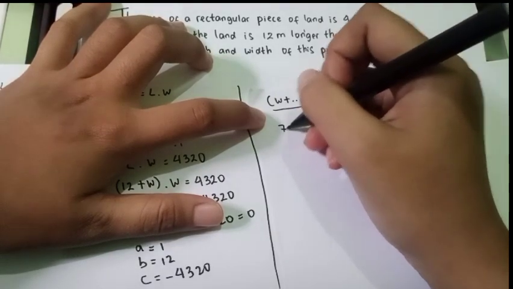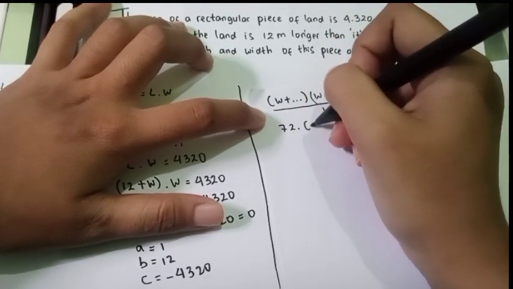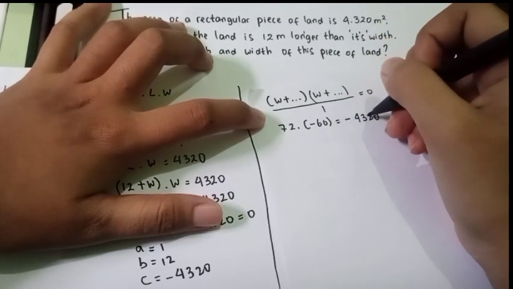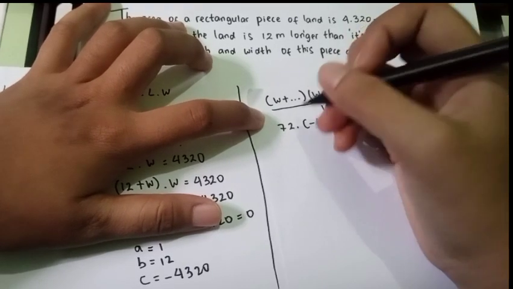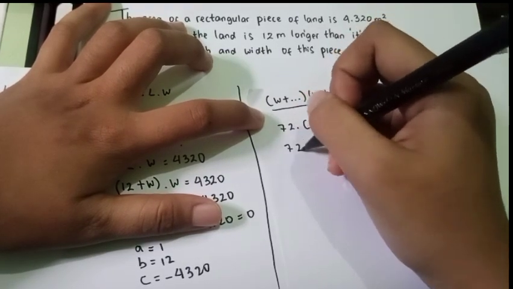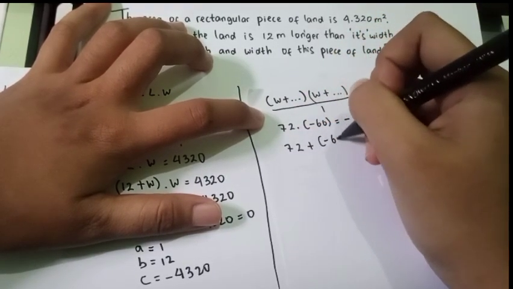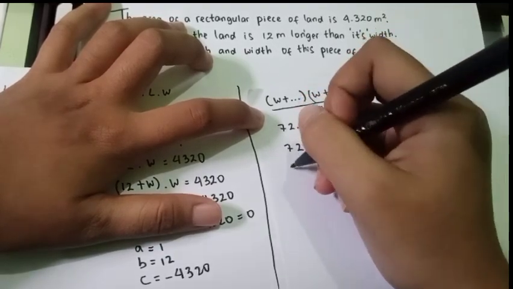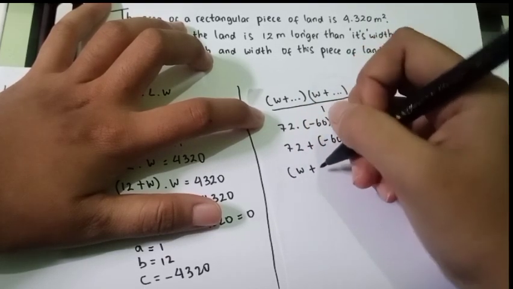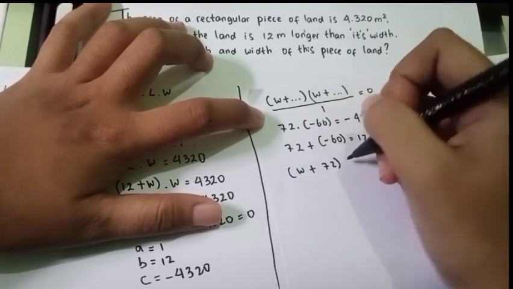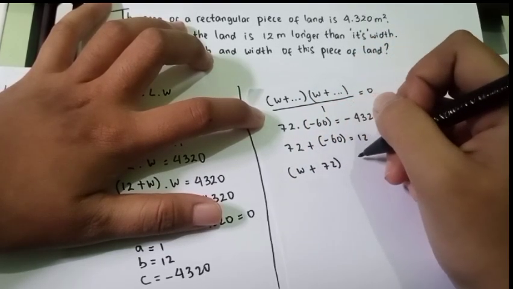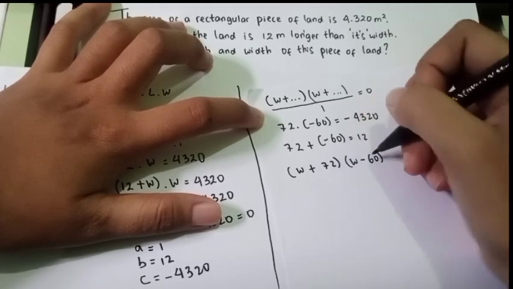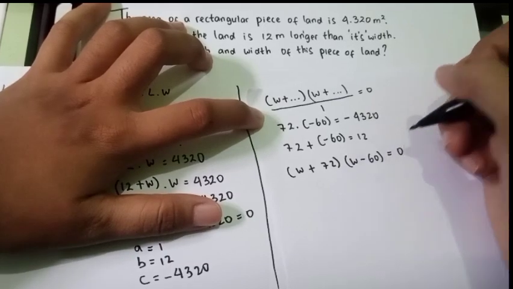Obtain 72 times minus 60 equals minus 4,320, and 72 plus minus 60 equals 12. So, (width plus 72) times (width minus 60) equals 0.